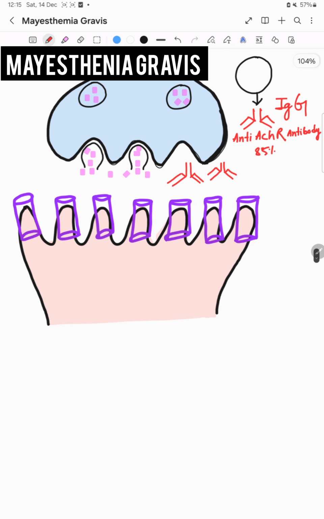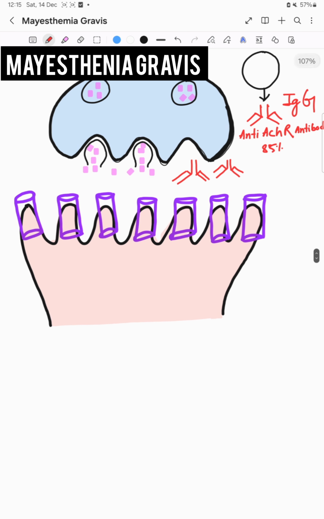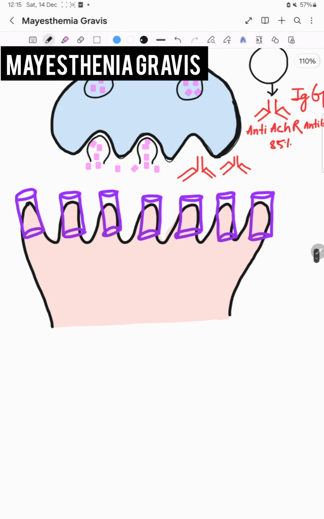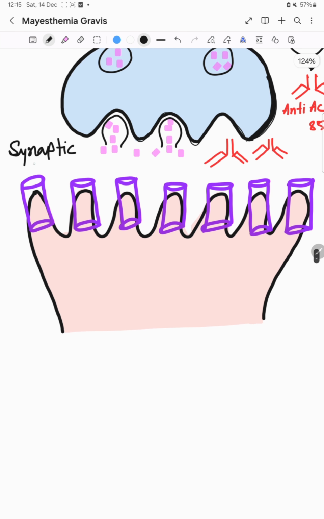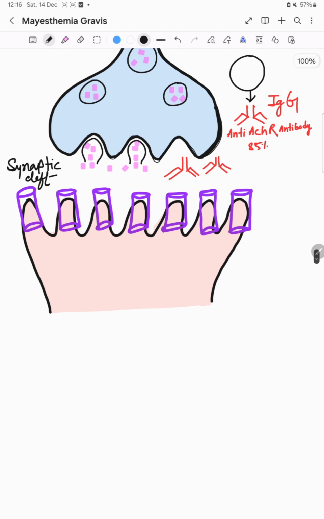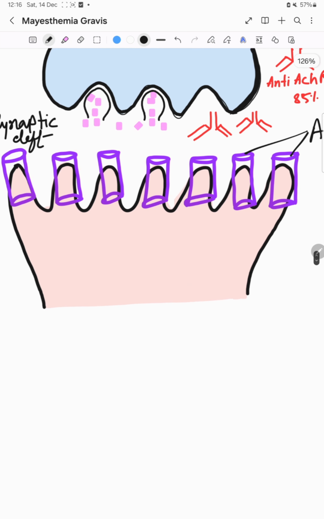So these autoantibodies can replace the acetylcholine receptor in the synaptic cleft. We already know that this is the synaptic cleft. These are the acetylcholine receptors, the ACh receptors present on the surface of a skeletal muscle.